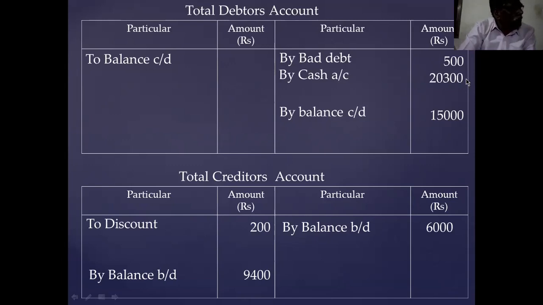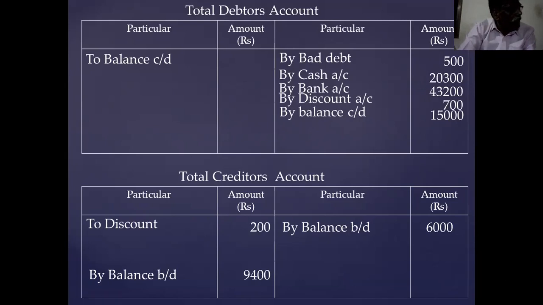Then cash deposited in bank and cash drawing are not related to debtors account. Check collected from debtors, debtors account credit side by bank 43,200. Next, discount allowed, debtors account debit side by discount.